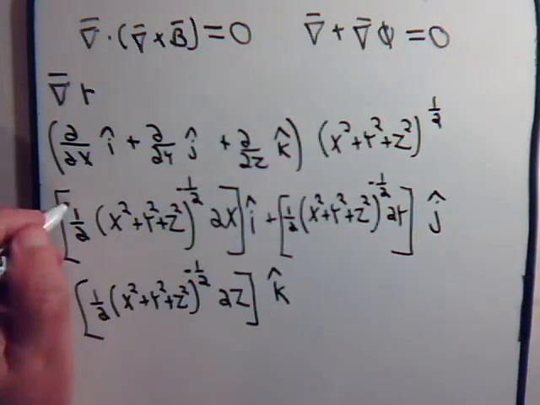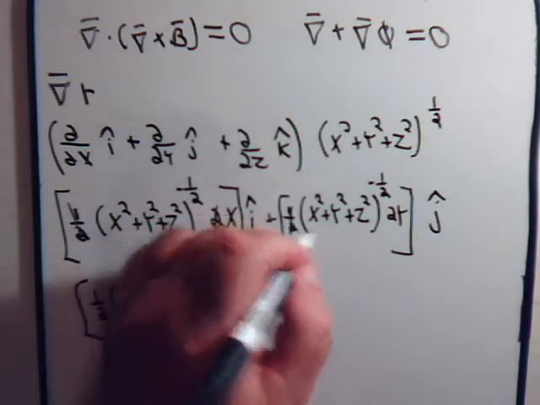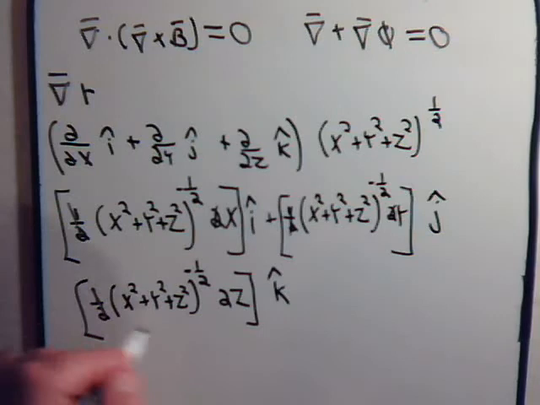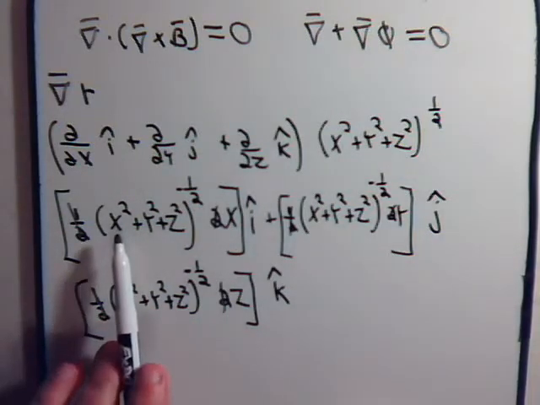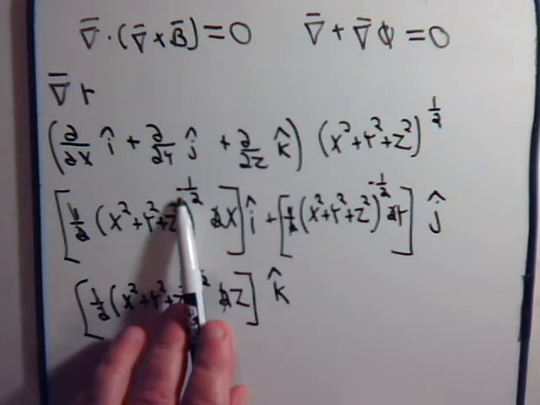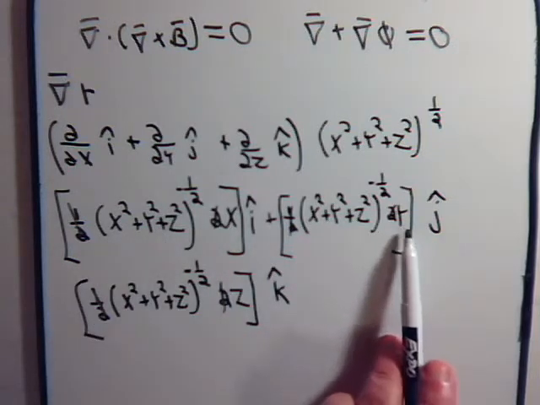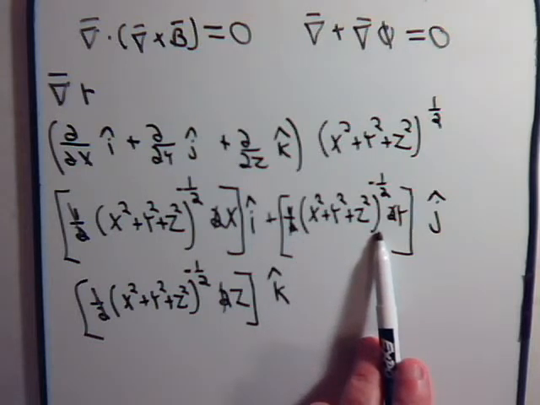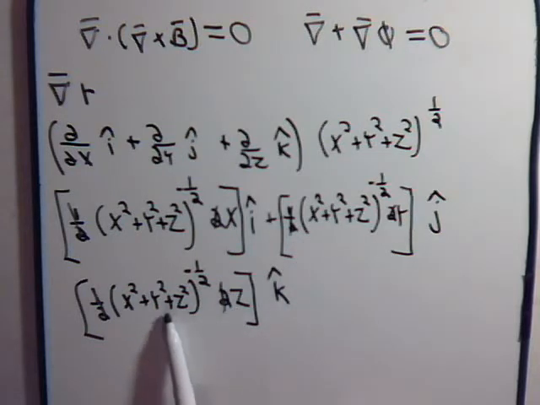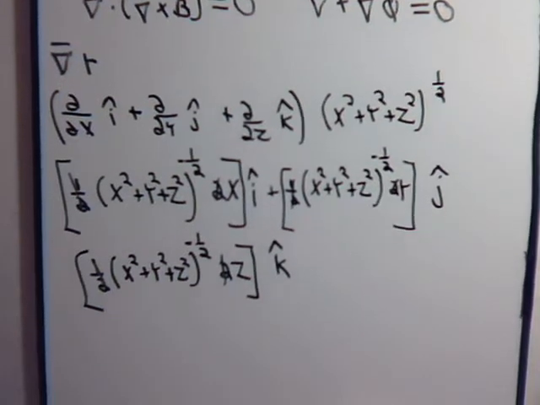So we look, these will cancel. And we have x divided by, this is minus 1/2, so it would be divided by the square root quantity. Same thing with y divided by the square root quantity. Same thing with z divided by the square root quantity.